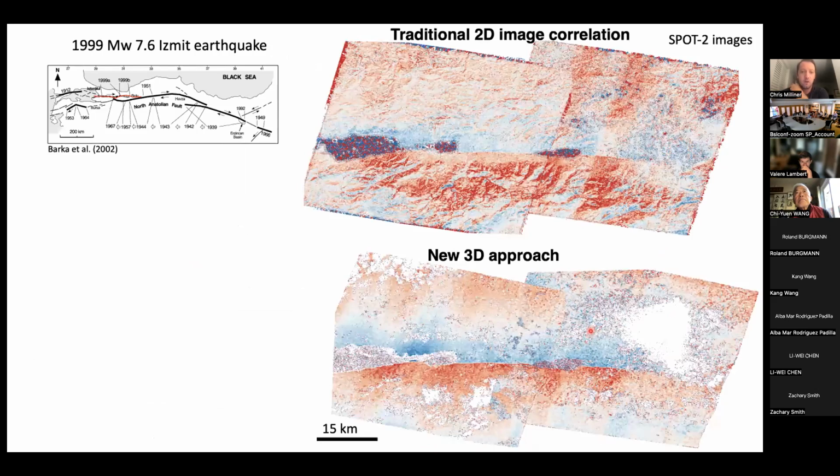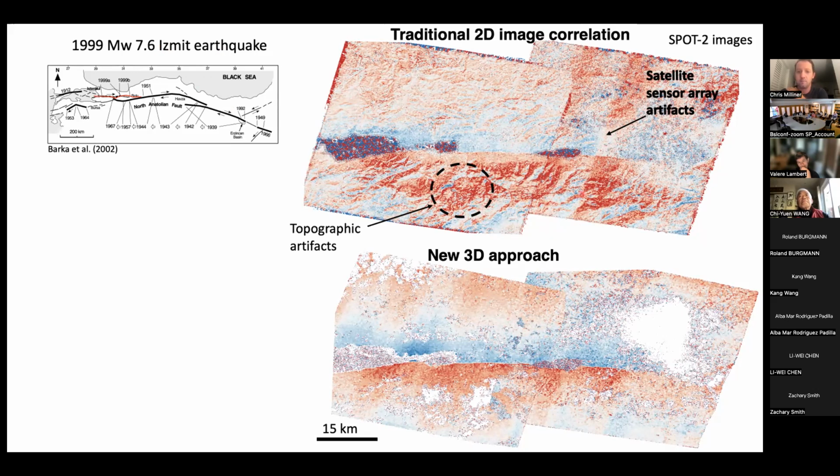So this is a quick overview, showing the comparison of surface motion in the east-west direction for the 1999 Izmit earthquake. At the top is the result from the traditional approach. On the bottom is the result using our new 3D method for SPOT 2 images. In the traditional result, we have large topographic artifacts and sensor array artifacts.